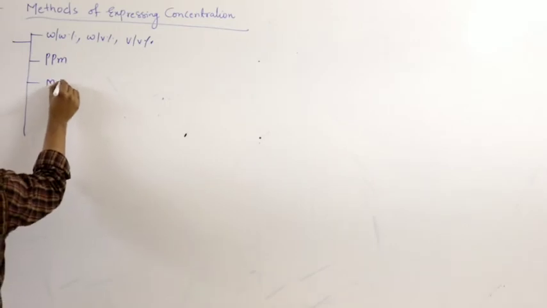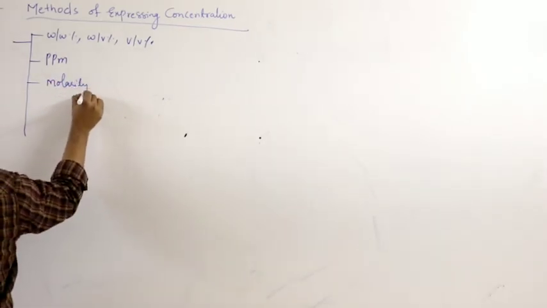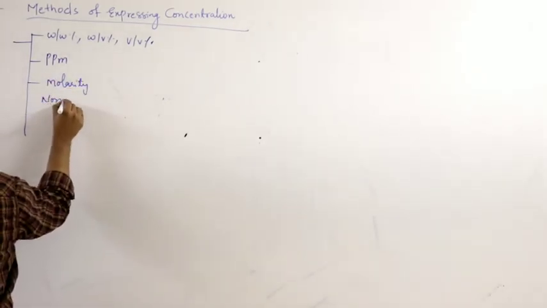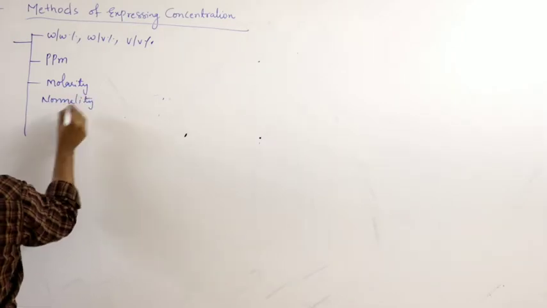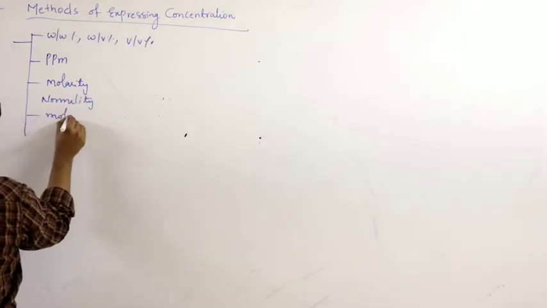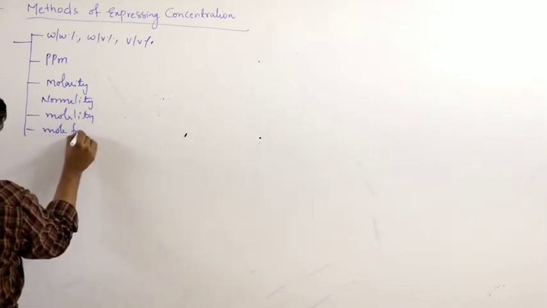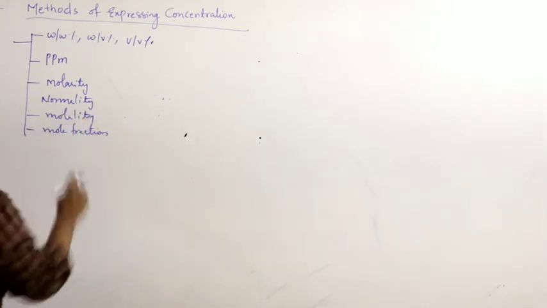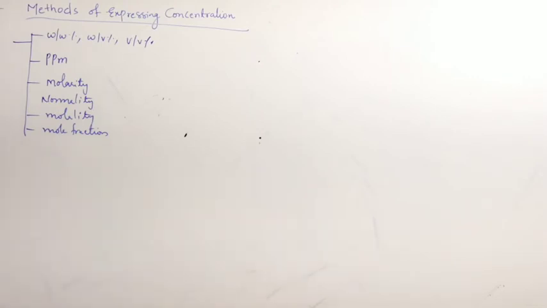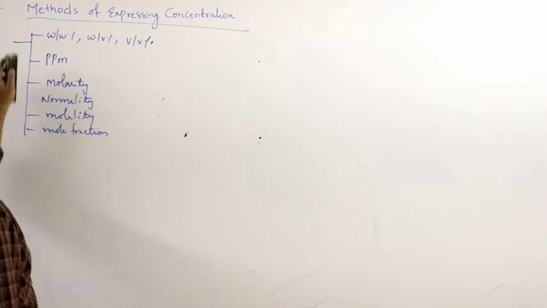Next, molarity, normality, molality, mole fraction. So these are the different ways in which you can express the concentration. We will study the percentage methods first, then we will go for the remaining.